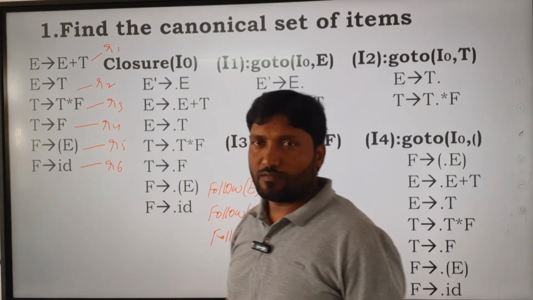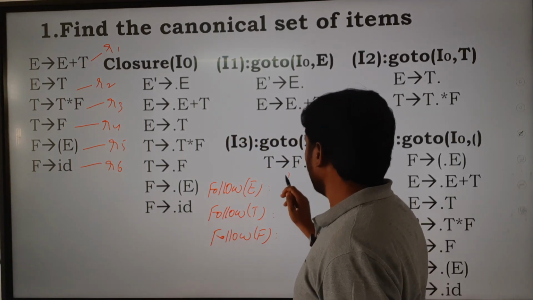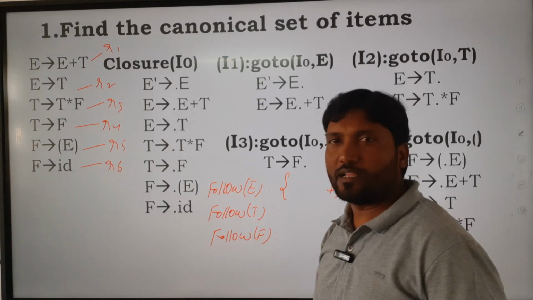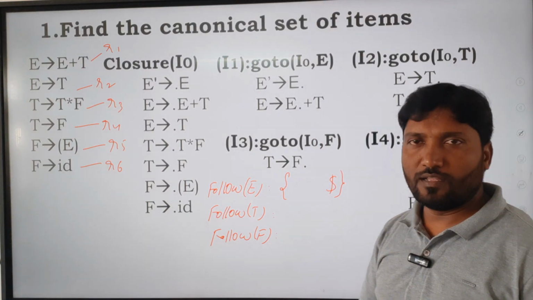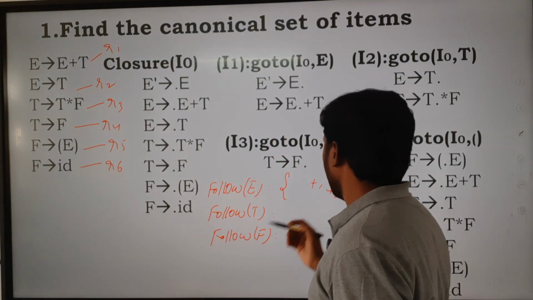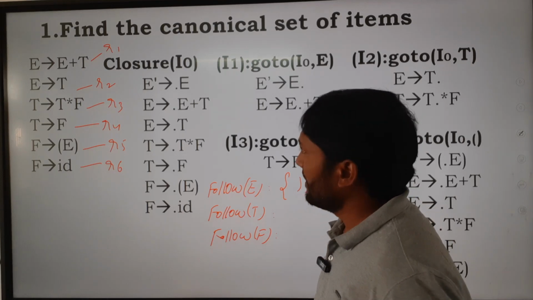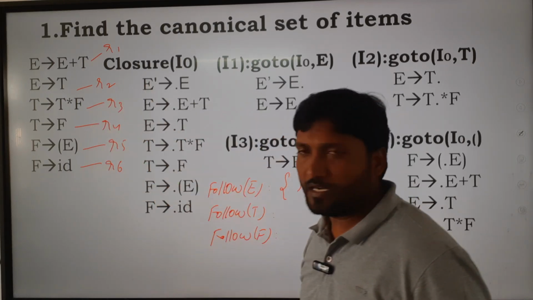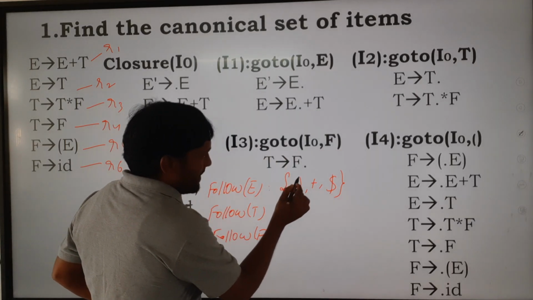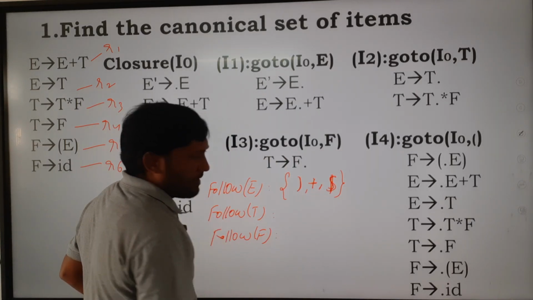As E is the starting symbol, we need to add the dollar. Next, E is followed by plus, and there is one more E followed by close bracket. Is there any other E on the right-hand side? No. So close bracket, plus and dollar are the follow of E.